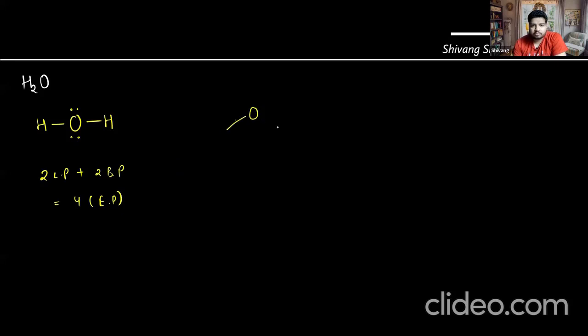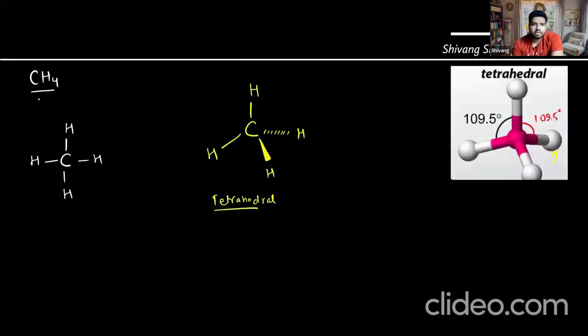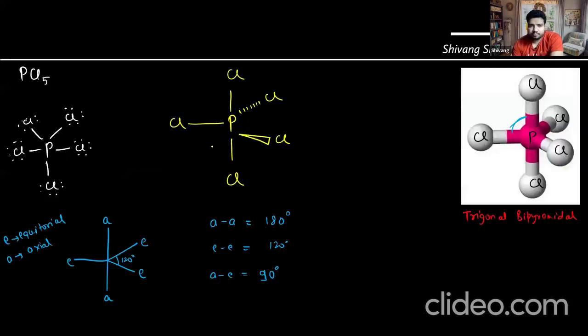Oxygen, hydrogen, hydrogen, lone pair, and lone pair. So I've drawn a tetrahedral with two lone pairs and two bond pairs. Why is it tetrahedral? Because four electron pairs are there, and four electron pairs basically is a tetrahedral geometry, right?